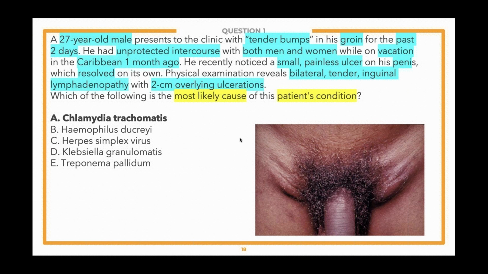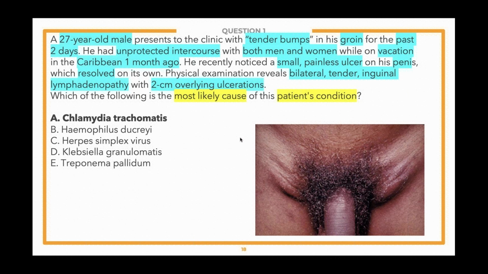Klebsiella granulomatis is the cause of granuloma inguinale. Again, that can present as a painless ulcer, but there wouldn't be that ulcerated large inguinal adenopathy. HSV, answer choice C, is a cause of genital herpes, which presents with painful vesicles, so a little different than what we have here.